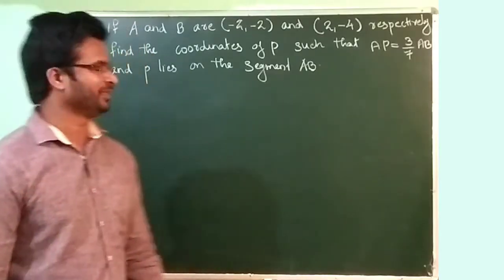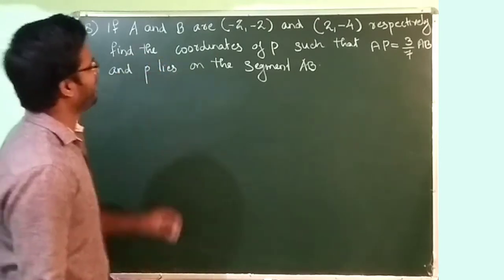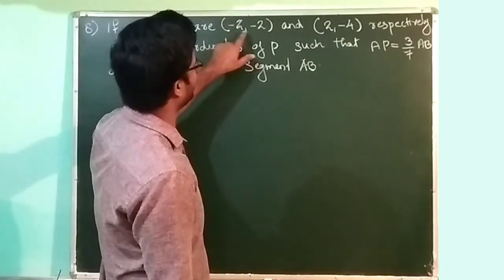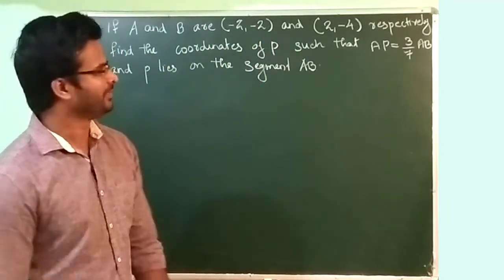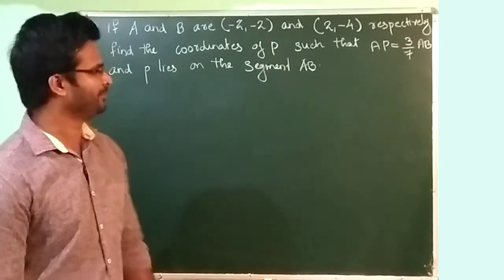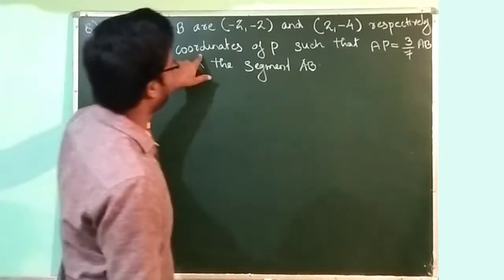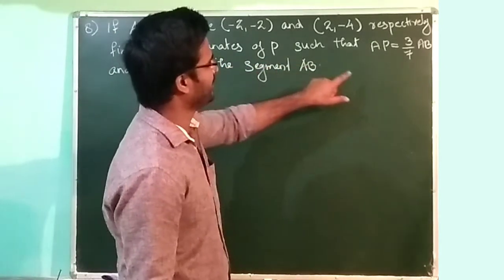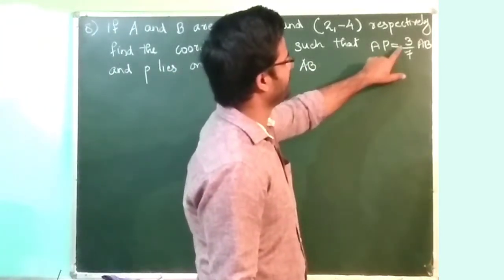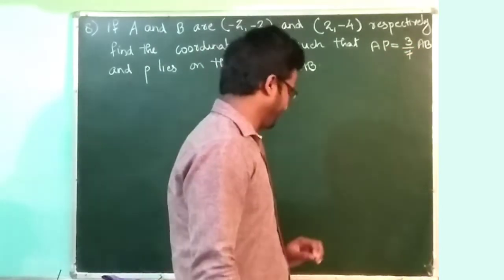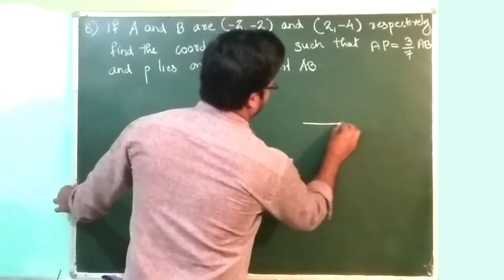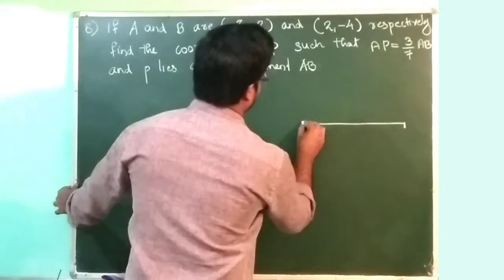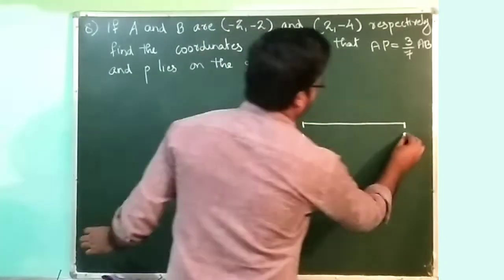Now we can see question number 8. If A and B are (-2, -2) and (2, -4) respectively, here 2 points are given, A and B, find the coordinates of P such that AP equal to 3 by 7 AB. Then this is like one line segment AB.